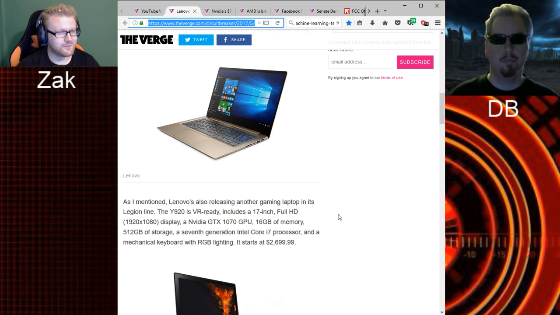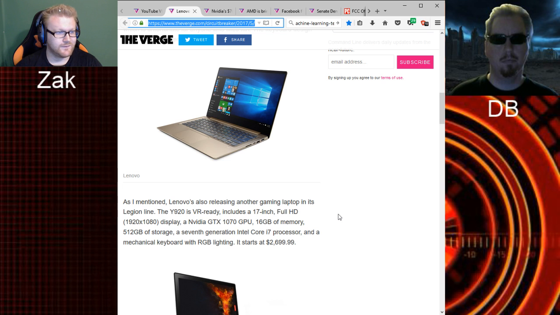How is it so expensive though? Like, what? Mechanical keyboard with RGB lighting, an i7 and a 1070. Those things aren't cheap, you know. A 1070 is not that expensive though. I mean, we're talking maybe a $1,300 computer shoved into a $2,700 package.